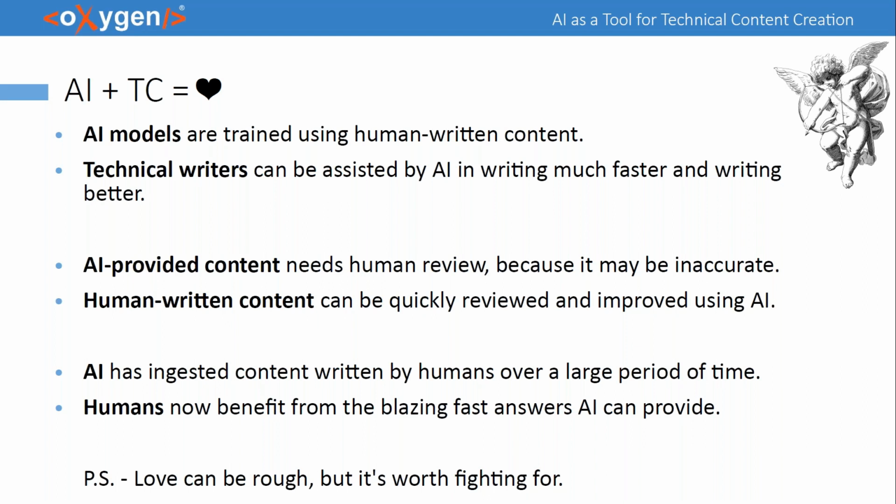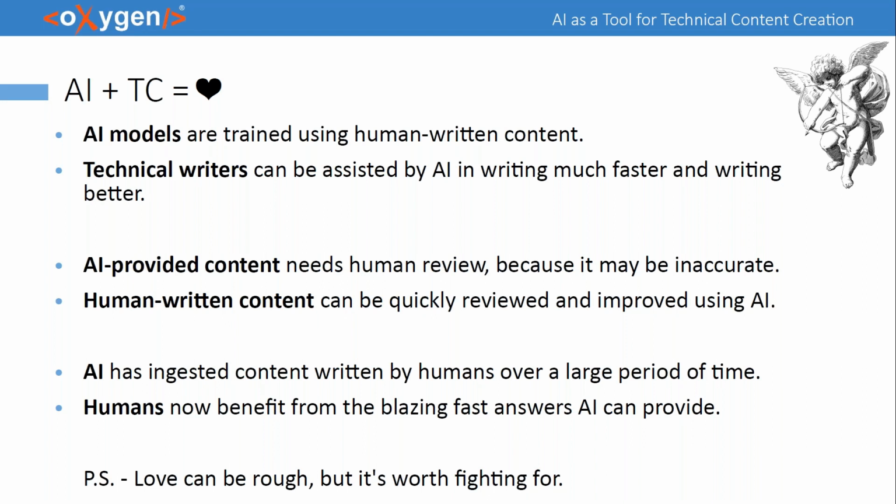For example, first of all, we know that AI models, large language models, as we call them, LLMs, are trained using content written by humans. So we have written content, AI models have been trained with that content, but now, on the other hand, we are assisted by AI in continuing writing and writing much faster and perhaps writing better.